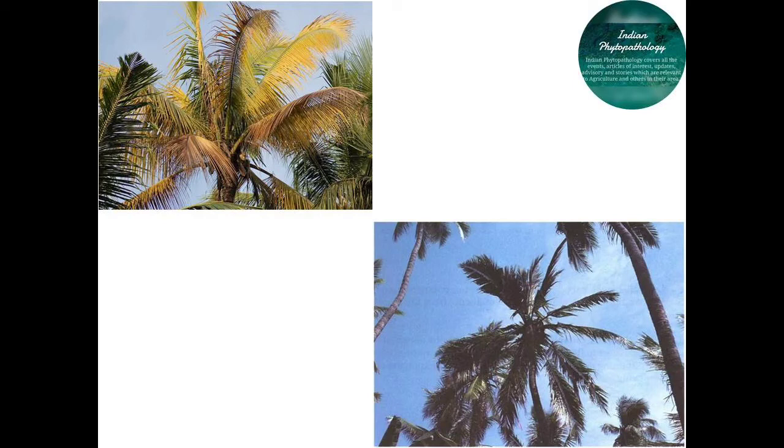Similarly, we can use green manure crops like Pueraria phaseoloides in the basin and incorporate them at the time of fertilizer application. It is recommended to manage this disease. Similarly, control the leaf rot disease by spraying with 1% Bordeaux mixture or 0.3% copper oxychloride, which is found effective for management of this root wilt of coconut.